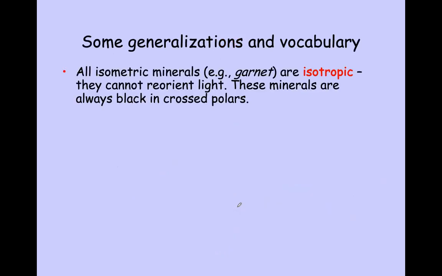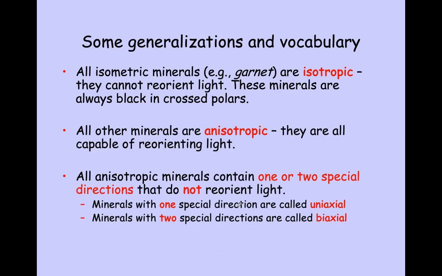So the generalization we had before was that there are two types of minerals, isotropic and anisotropic. For example, garnet is an isotropic mineral. That means if you are observing garnet in a section through the petrological microscope, and you insert the second polarizer, the upper polarizer, even though you rotate the stage, garnet will always be black.